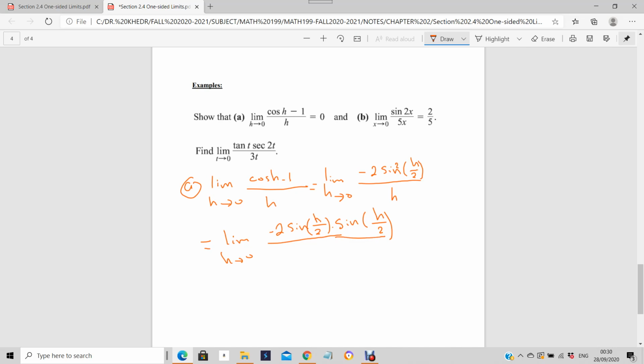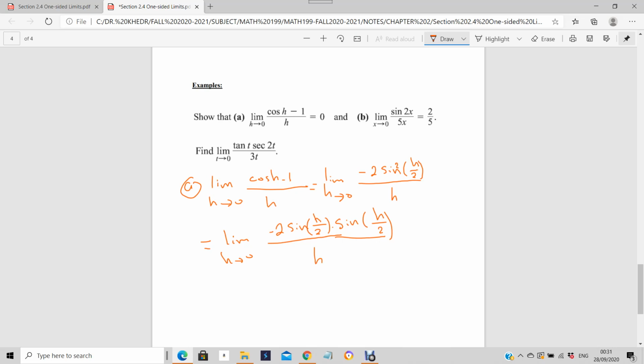So I break it into two sine functions multiplied by each other. So sine square h over 2 will be sine h over 2 multiplied by sine h over 2. And then in the denominator we have h. Okay?